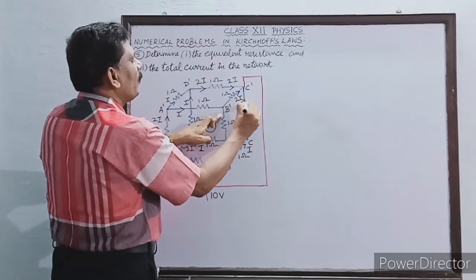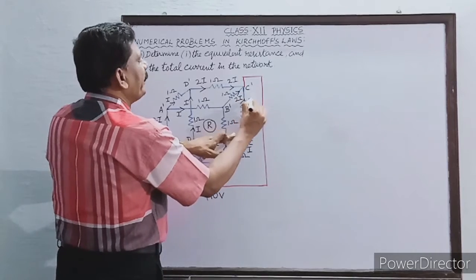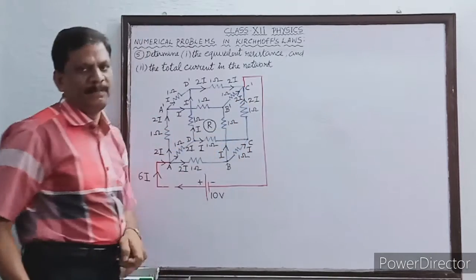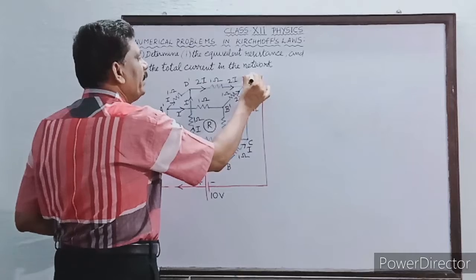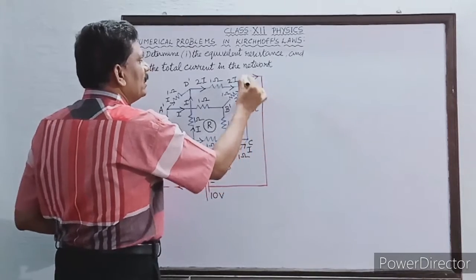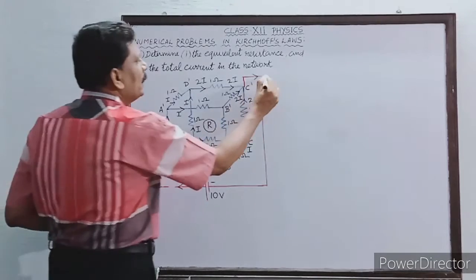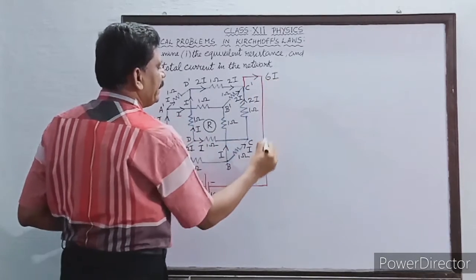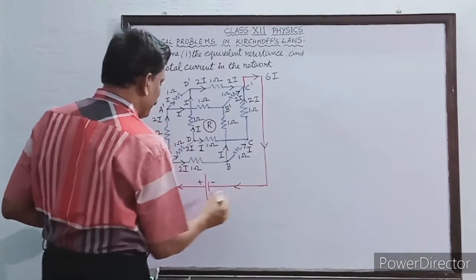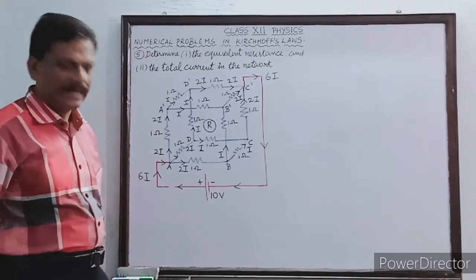Similarly, the current flowing in this branch also, I plus I becomes 2I ampere. So the current leaving junction C dash is 2I plus 2I plus 2I, which becomes 6I ampere, flowing towards the negative terminal of the battery.